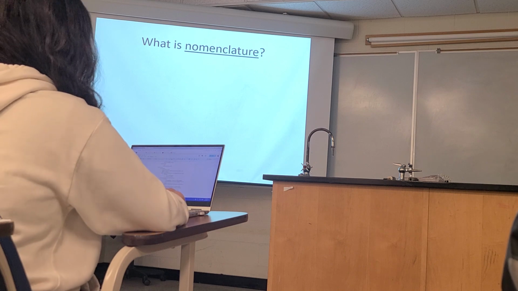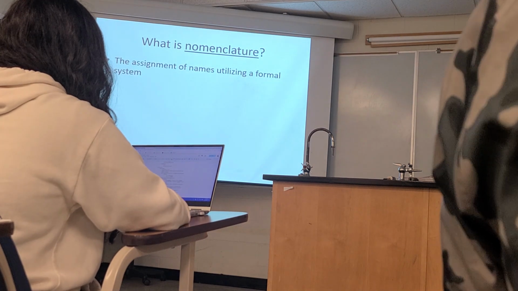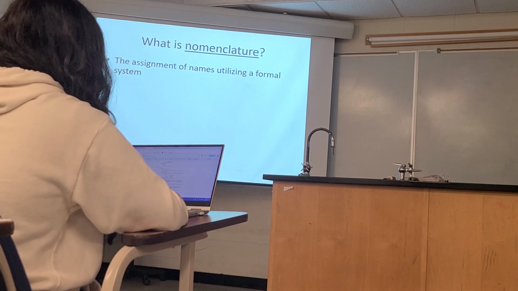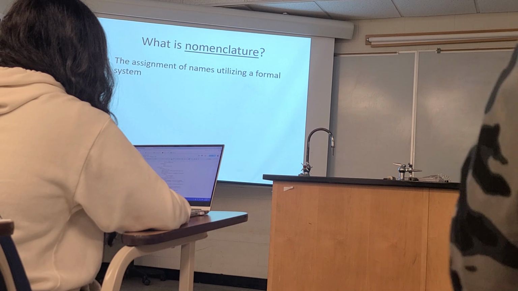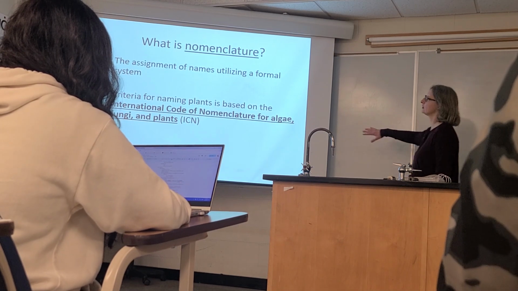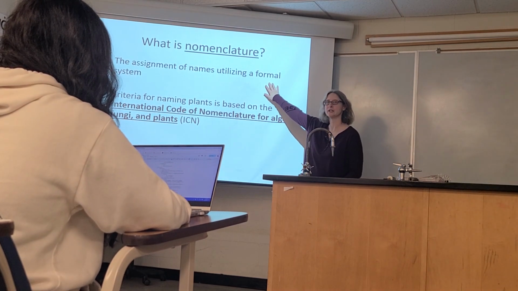Okay, so what is nomenclature? This formal system that we're going to have to use to name things so that everybody follows the same set of rules and has the same format to them. Nomenclature in general is the assignment of names utilizing some sort of system of rules.